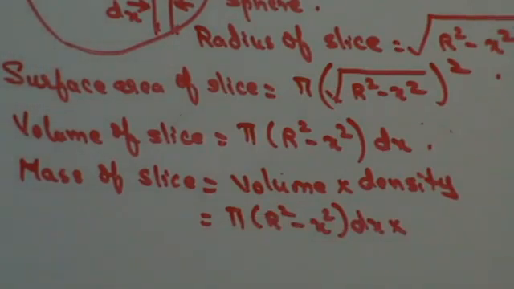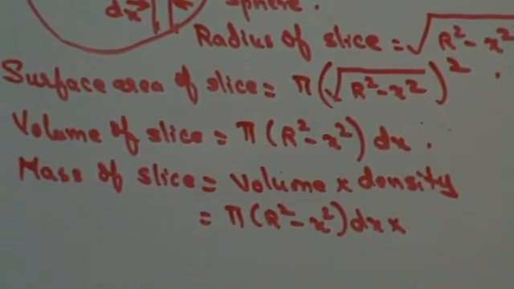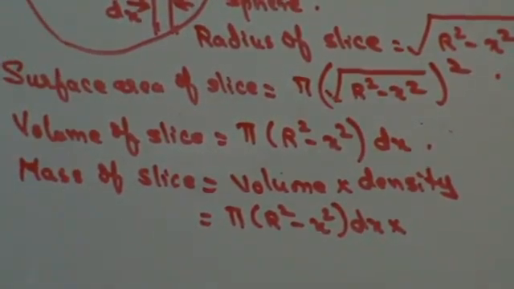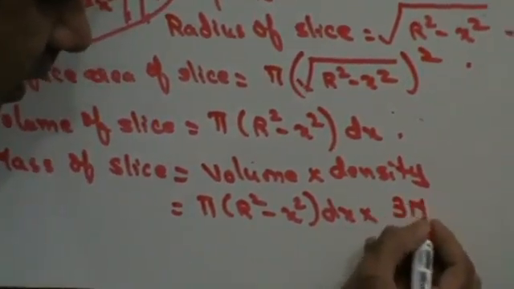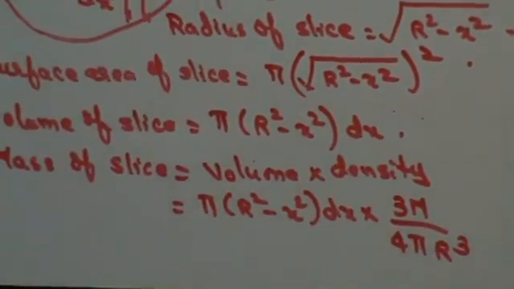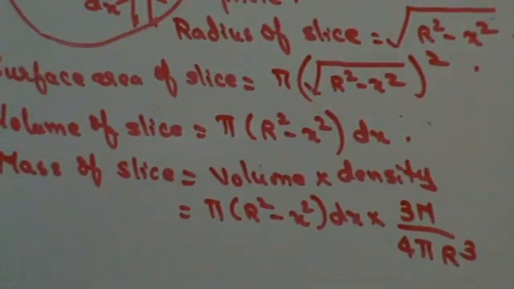Density you had already found out before. Remember, we had found out mass per unit volume. Mass per unit volume is nothing but density, which we had found out as 3m upon 4 pi r cube. So that is going to be my mass of the slice. Okay. Once I know the mass of the slice, I can find out the moment of inertia of the slice.